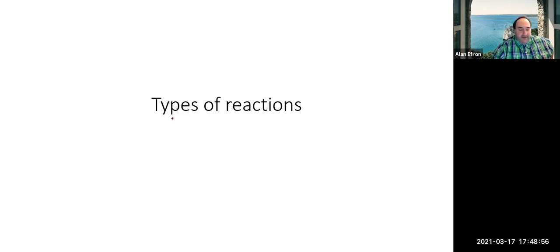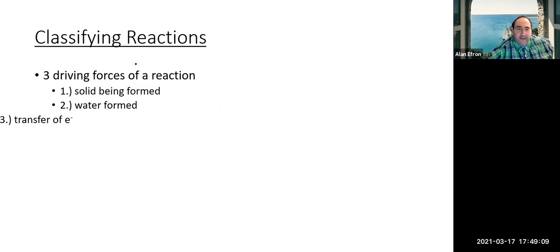So let us continue on here and talk about different types of reactions and ways to classify reactions. First off, how do we know a reaction is taking place, or what are some driving forces for reactions? There are three driving forces for reactions.